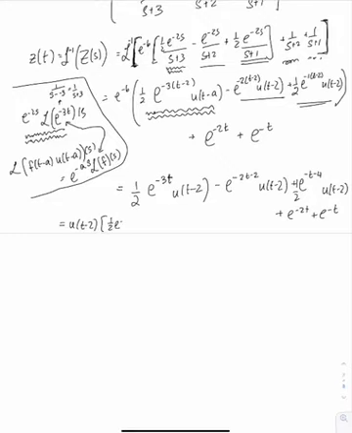One half e to the minus 3t, and minus e to the minus 2t plus 1, plus 1/2 e to the minus t plus 1. Close that bracket, plus e to the minus 2t plus e to the minus t. That is the solution.